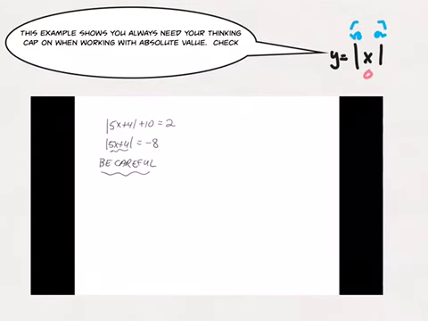Distance is always a positive number. We can never get a negative value when taking absolute value. So there is no solution to this absolute value equation. So be super careful and always think before you just progress.